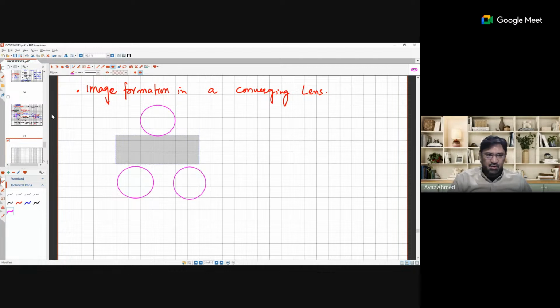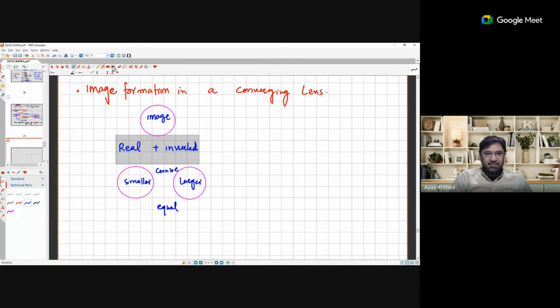This is the image properties: the image would be real, and if it is real, it will be inverted. It can be smaller, larger, or equal. So these all are the possibilities.